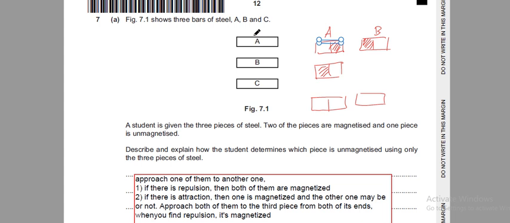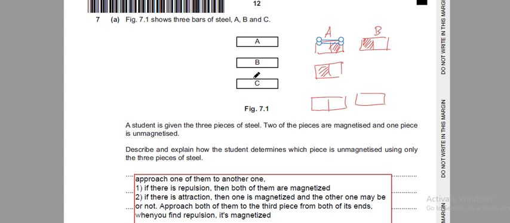We can use A to repeat the same with C and judge whether we have repulsion or not.